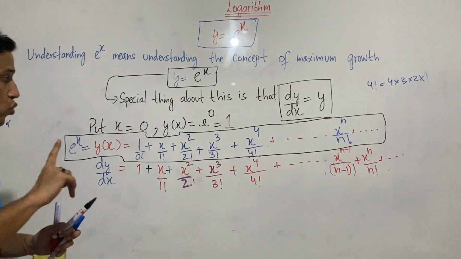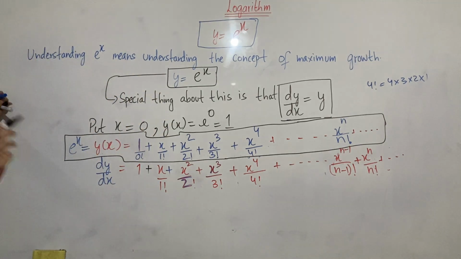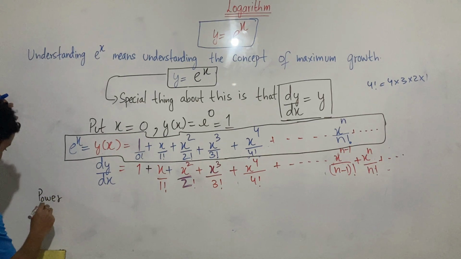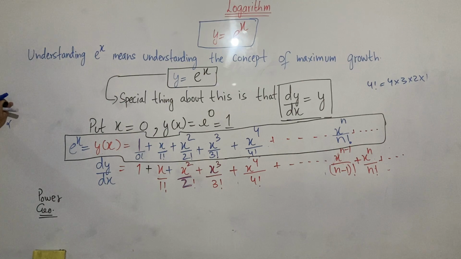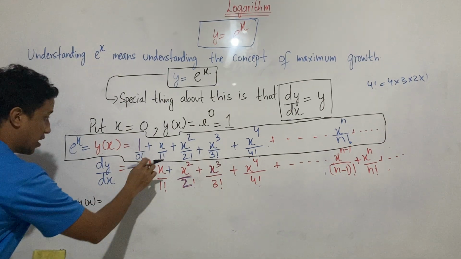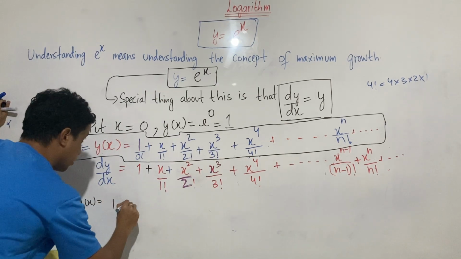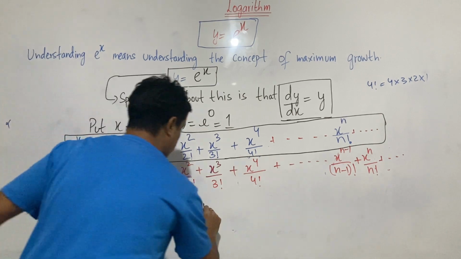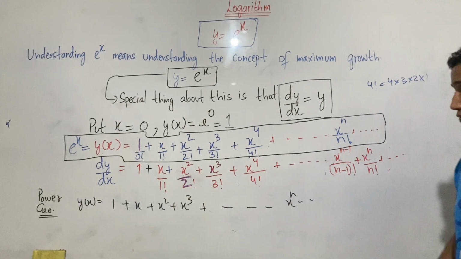Because if you look at the other series, I hope you know about the power series, or we call it the geometric series. The power or geometric series says that y of x is the same as, just remove the factorial part, 1 plus x plus x squared plus x cubed plus so on up to x^n, and it goes forever.